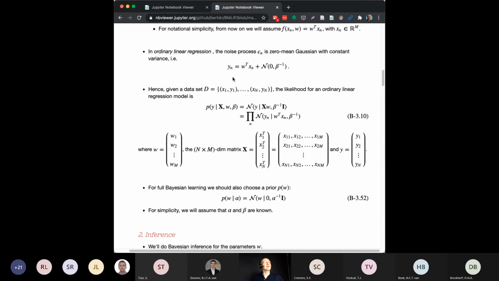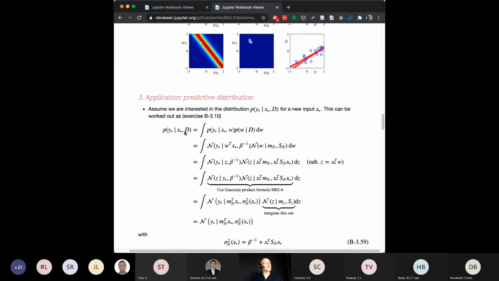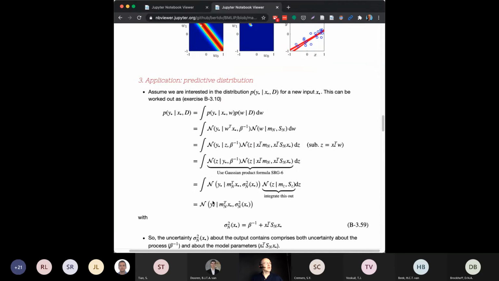This data generating model I can write as a likelihood. When I do that, I can import the data and come up with a posterior. And if I'm then honest and do prediction given my data point and given my data set, then this is what I can say about y bullet.